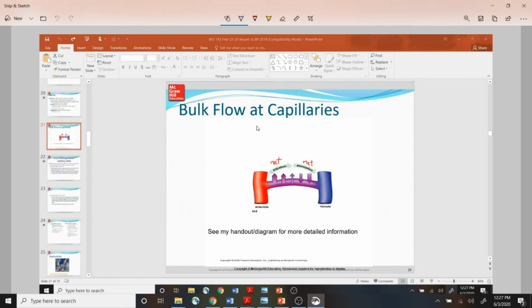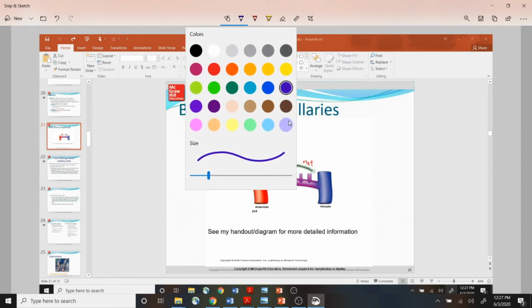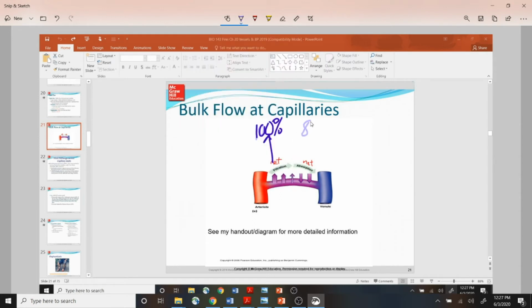Let's say, I'm going to just use a random number, 100% of the fluid that leaves, mostly at the arterial end, the filtration, comes out like this, and only about 85% of it goes back in at the venule end, like that, absorption. So I've got a little problem, right? 100 minus 85 leaves me 15% left over in this interstitial fluid.